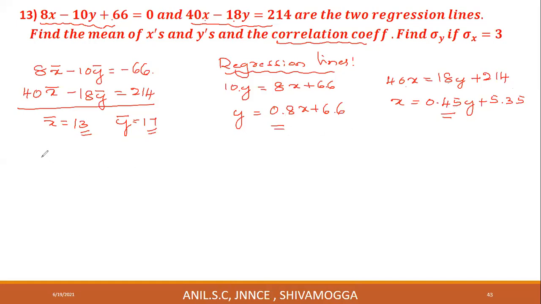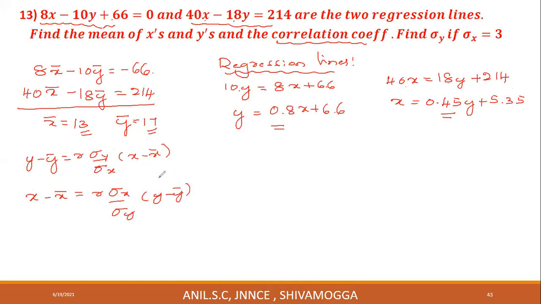To compare, the standard form is y minus y bar is equal to r into sigma y divided by sigma x into x minus x bar. Similarly, x minus x bar is equal to r into sigma x divided by sigma y into y minus y bar. These are the regression lines.